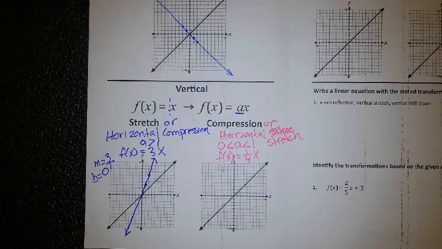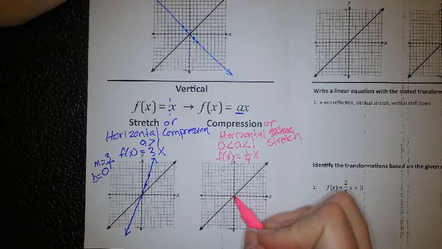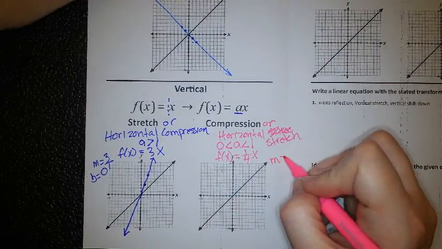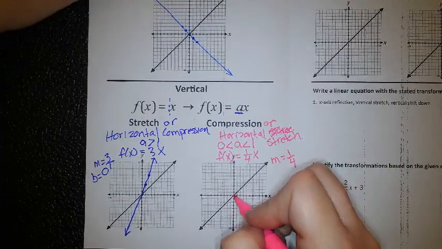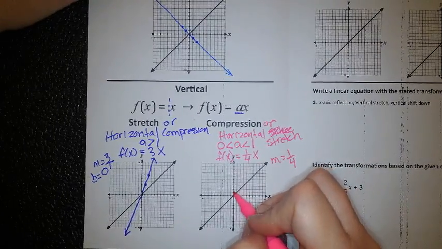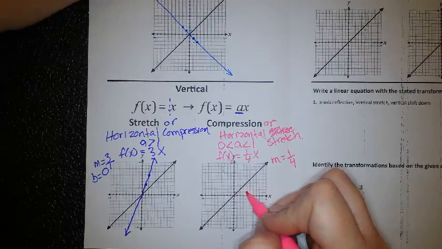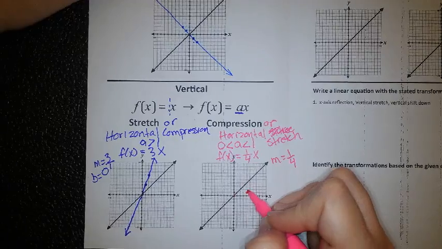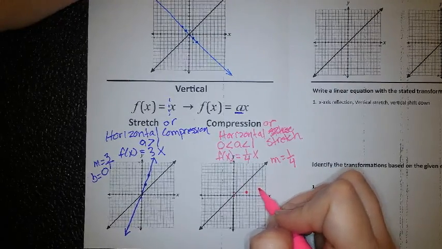It's a smaller slope than our parent function, and remember, our parent function has a slope of 1. So I didn't change my y-intercept, but now my slope is 1/4. So I start here at 0, and I rise 1, and I run 1, 2, 3, 4. Now if I want to plot a third point, I could rise 1, and run 1, 2, 3, 4.